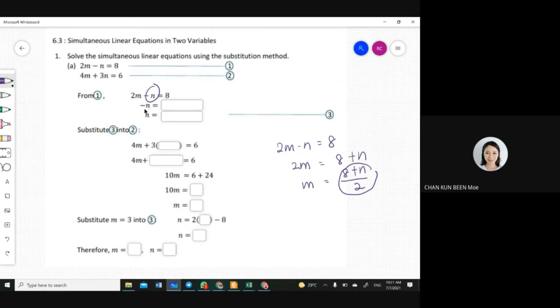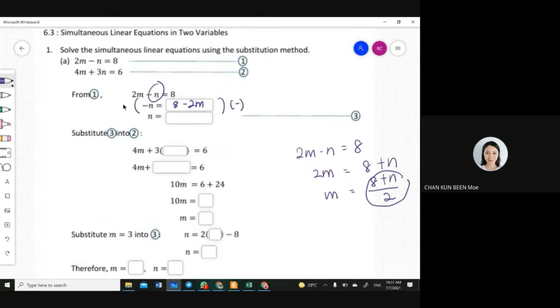Negative n is equal to 8 minus 2m. You send the 2m to the right. Therefore, to get positive n, you just have to multiply the whole thing by the negative sign. Some of you gave me 8 multiplied by negative, which becomes negative 8, and negative 2m times negative becomes positive 2m.